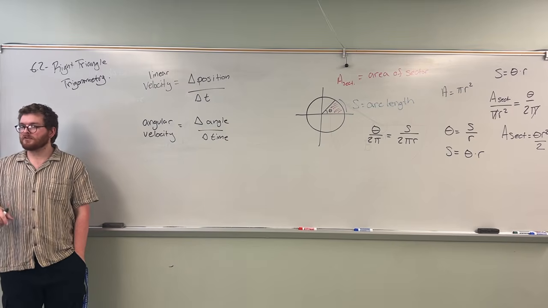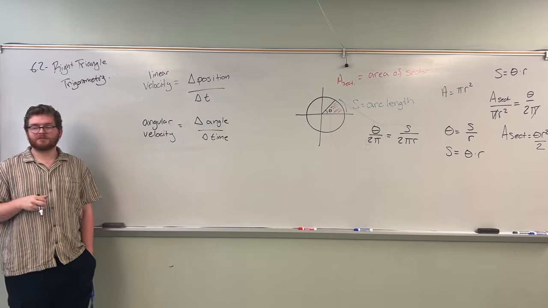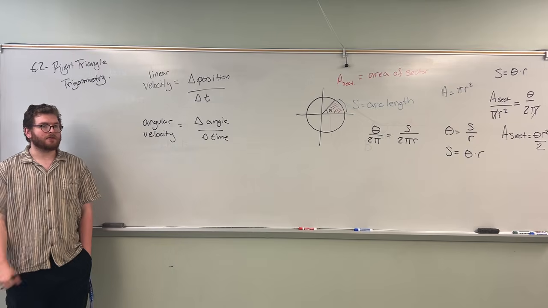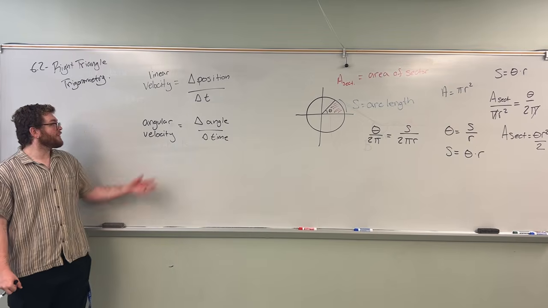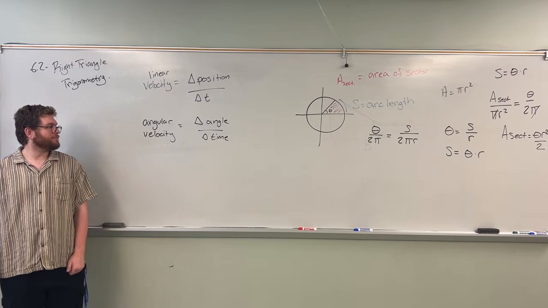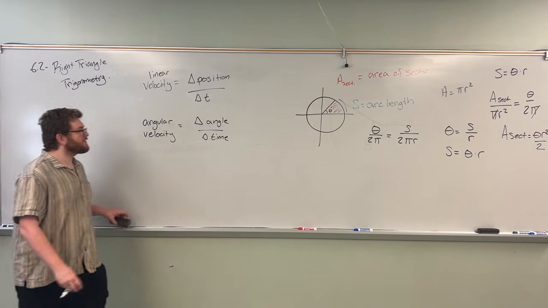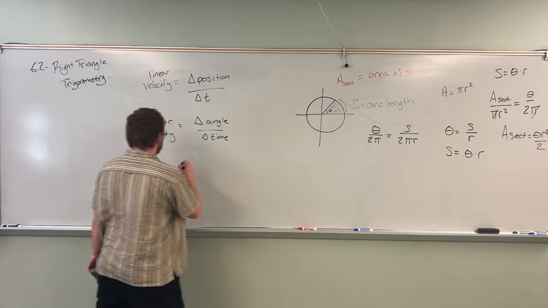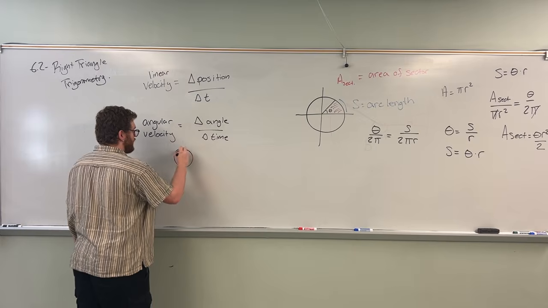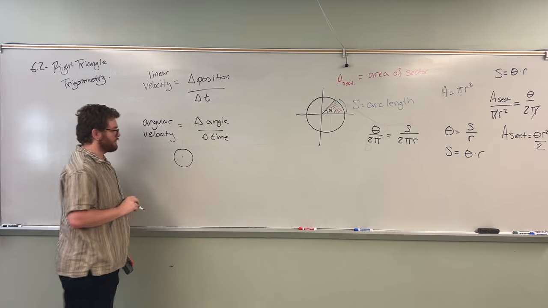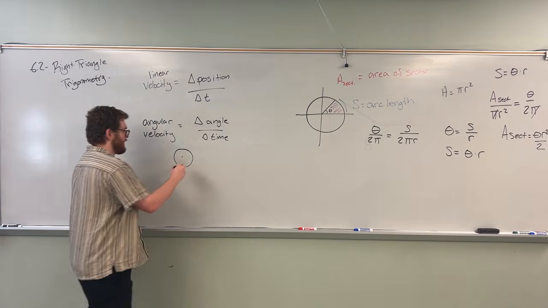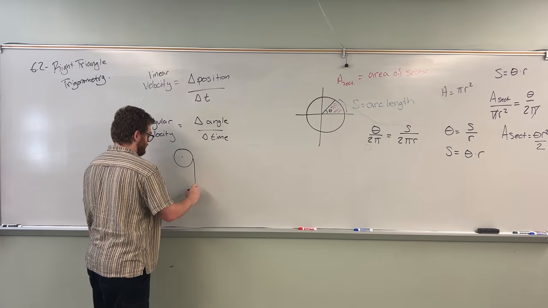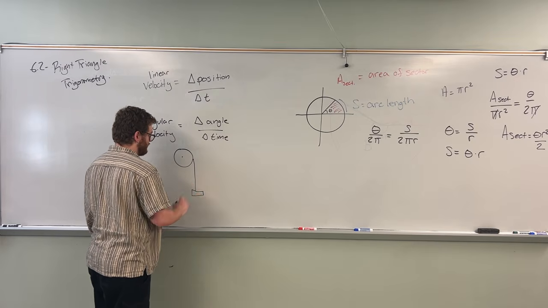Linear velocity was feet per second. Radians per second or degrees per second or something like that is typically how we talk about the units of angular velocity there. And so the example we were looking at specifically was if I have some sort of pulley or something like that, and I've got some sort of mass that I'm trying to lift with it.